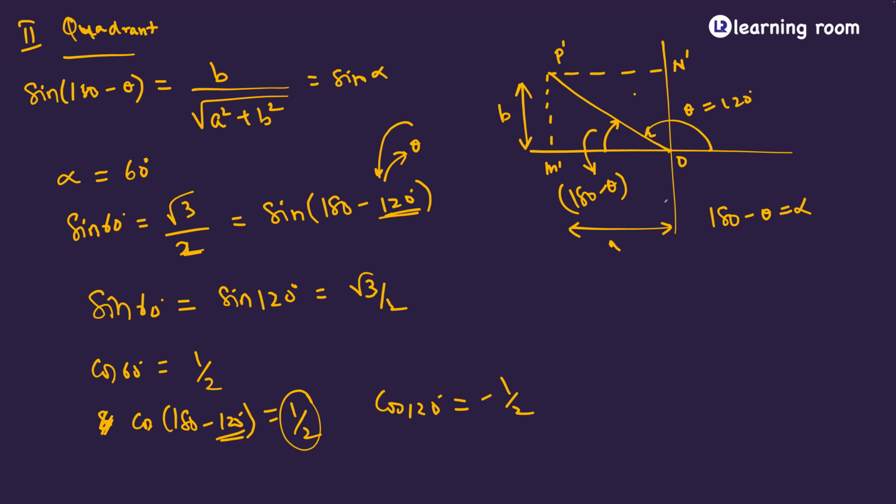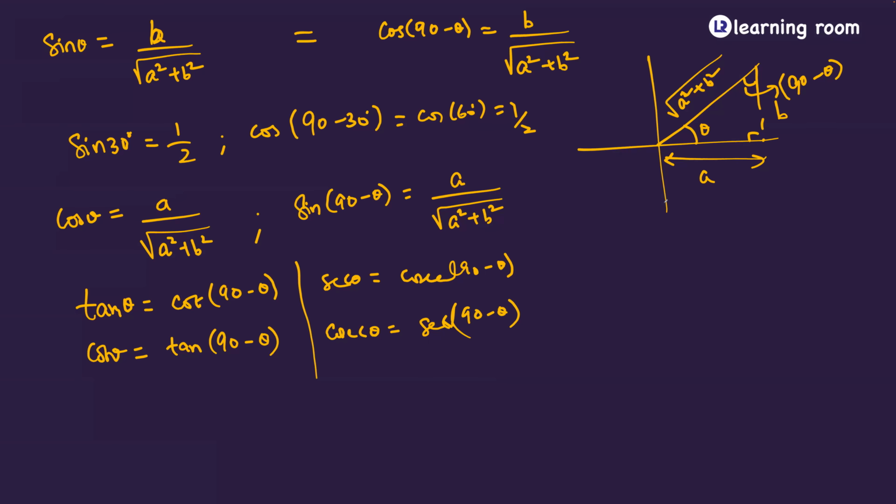This table is only for the second quadrant. So the previous table is there, no? This one, sine and cos.